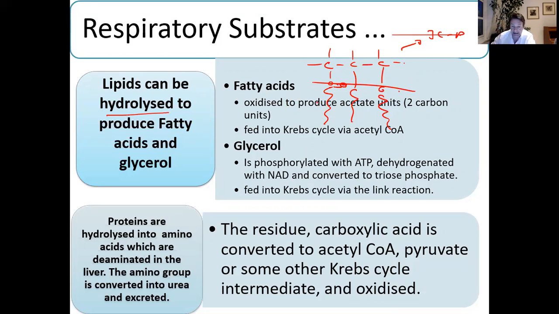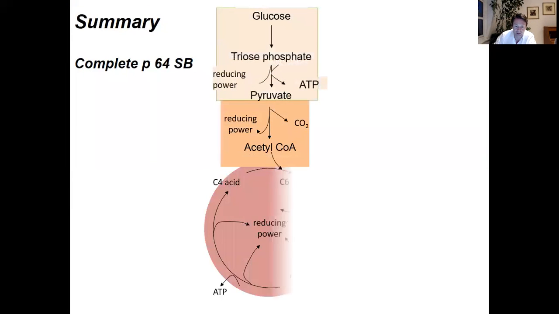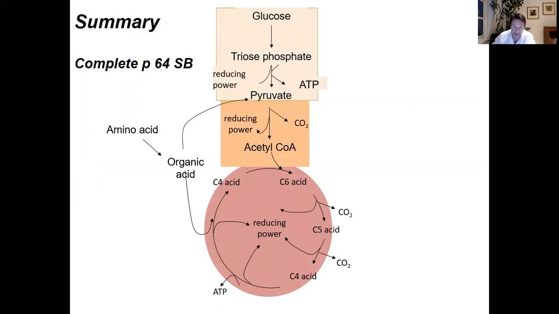The fatty acids, remember, range in length. Those fatty acids are then hydrolyzed into 2 carbon fragments, and those 2 carbon fragments go into the Krebs cycle. I'll talk about amino acids in a minute.